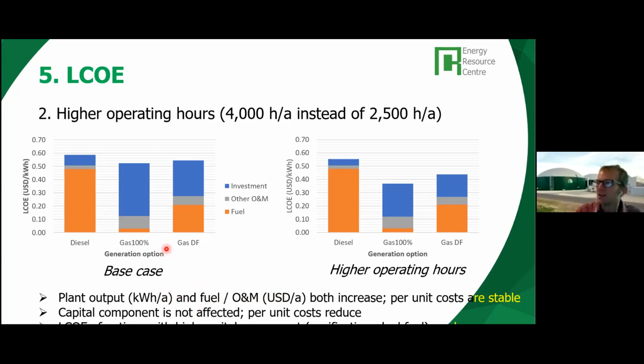So let's say the capital cost on a yearly basis is the same, but because you divide it by the plant output, which increases, the overall goes down.